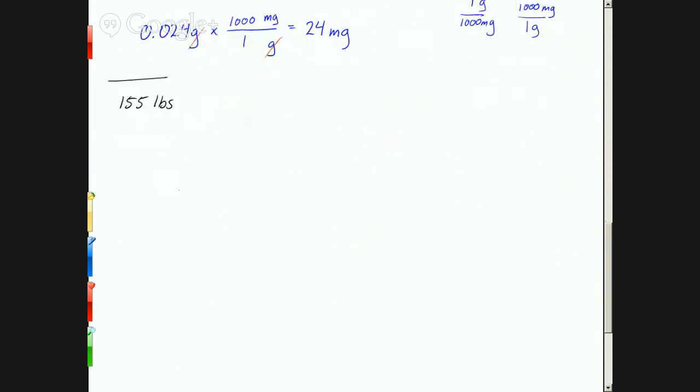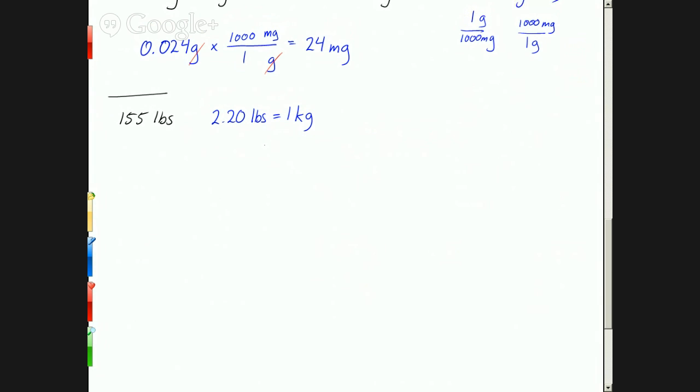And to do that, we look up a conversion factor, and we see that there are 2.2 pounds in 1 kilogram. So if we want to set up a similar problem to what we did before, we can do that with this new conversion factor, or this new identity.